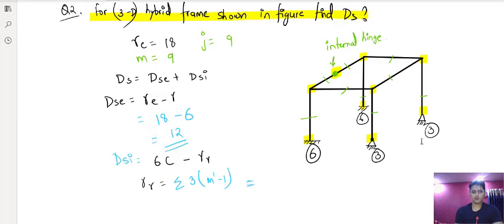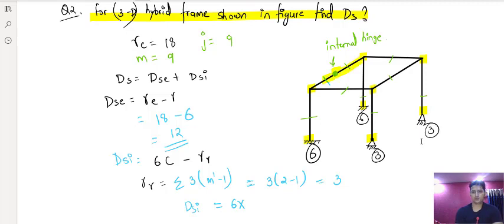So now put the values. The value of m dash is 2, as two members are joining at the internal hinge, so 2 minus 1. So the value of RR becomes 3. Now the value of DSI will be 6 times C, where C is the number of closed loops.